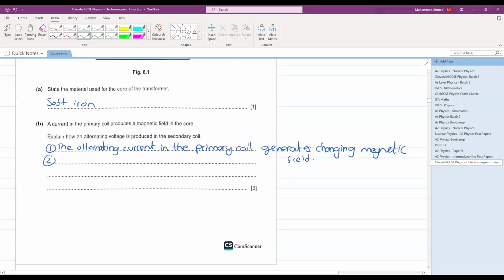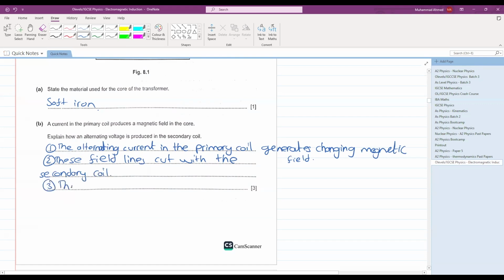Second point, these field lines cut with the solenoid, or you can say the secondary coil, cut with the secondary coil.